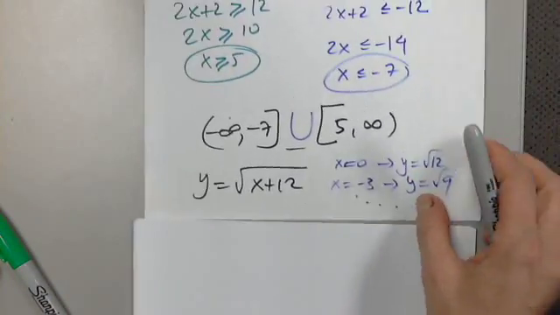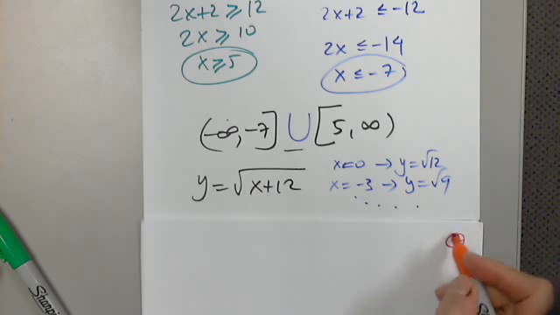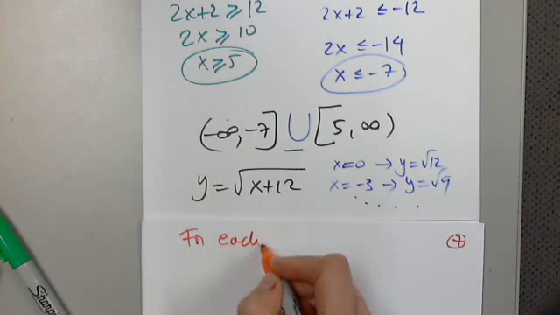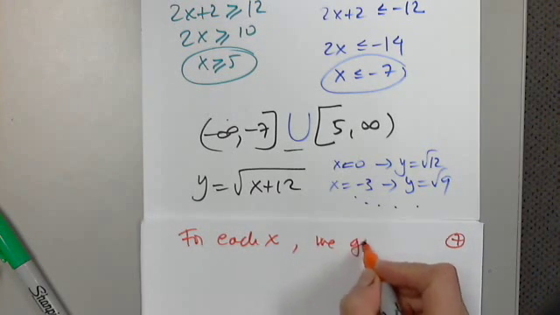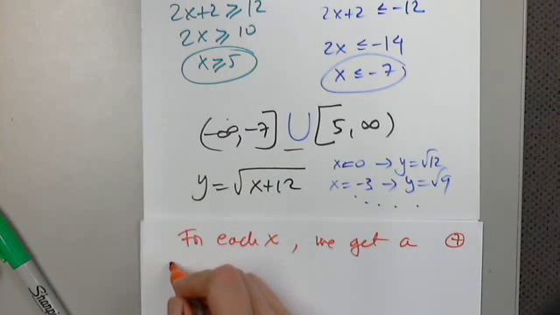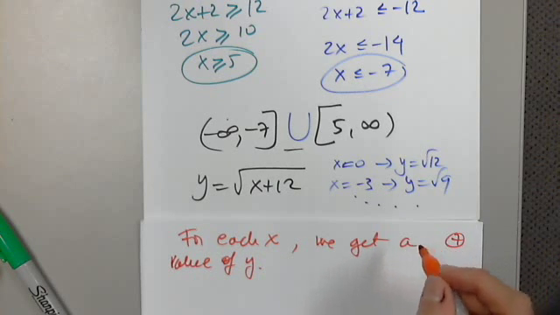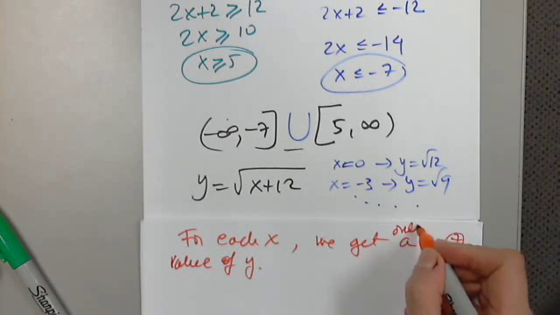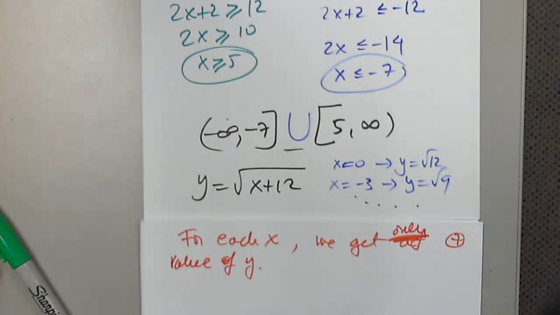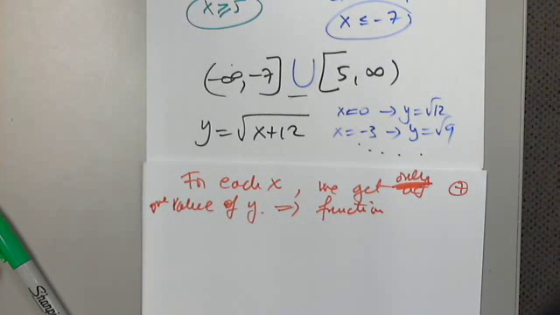So I'm going to write: for each x, we get a value of y. To make sure that this is clear, only one value of y. Therefore, function. That's all we need to write. For each x, I will only get one y value. Therefore, it must be a function.